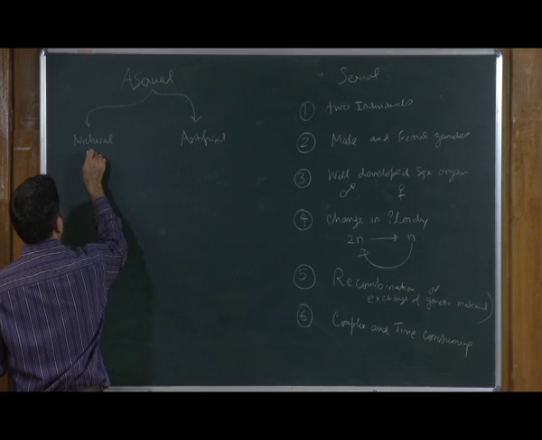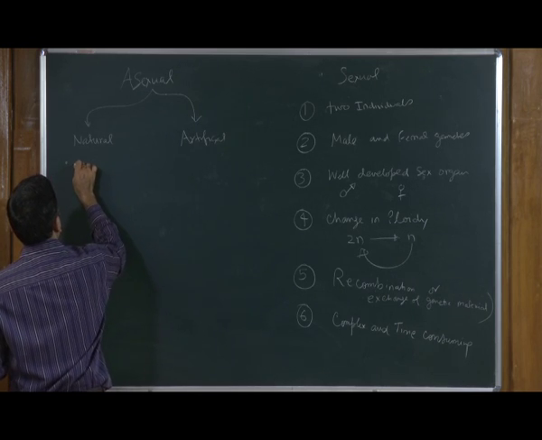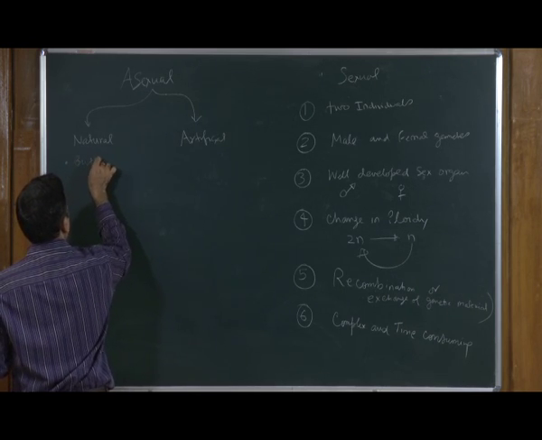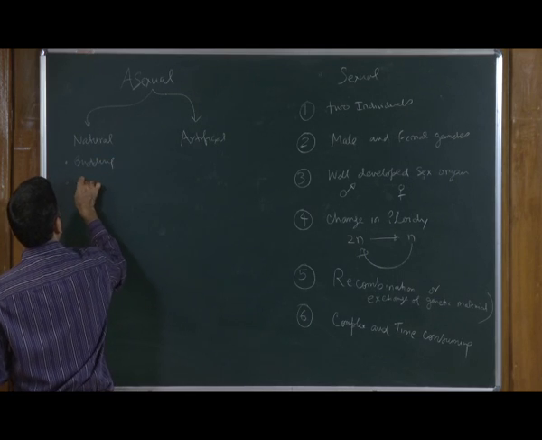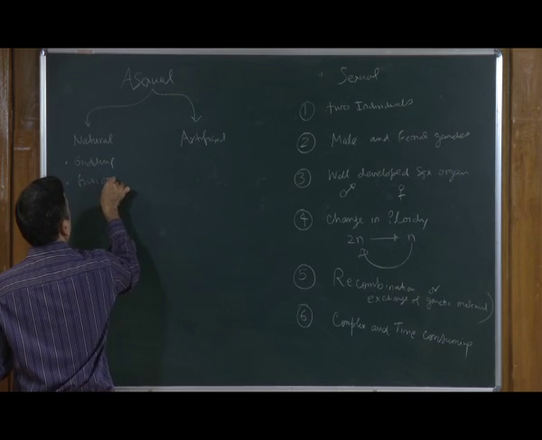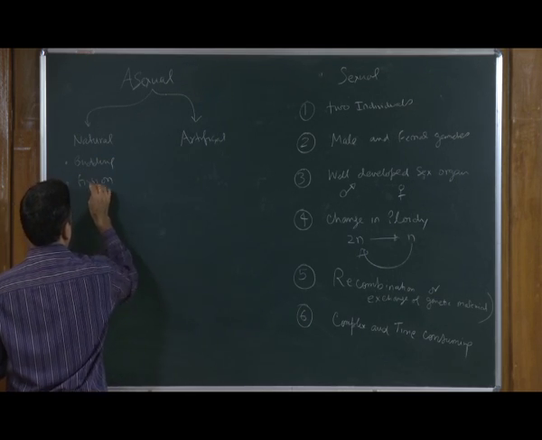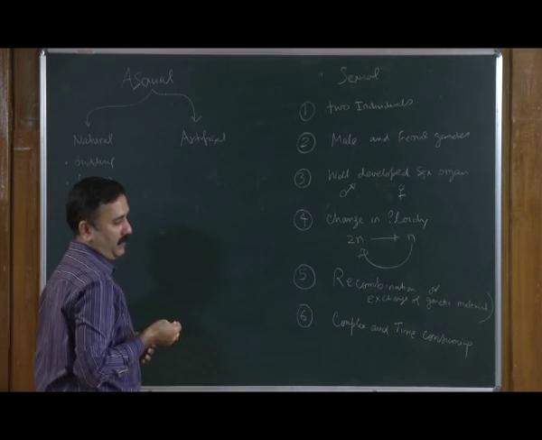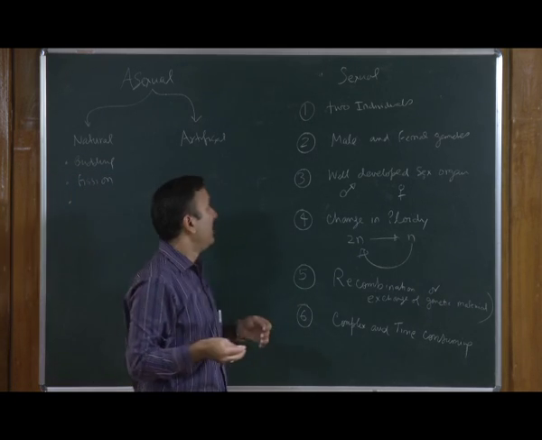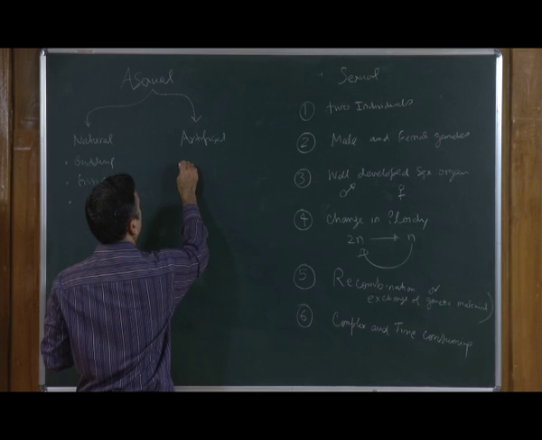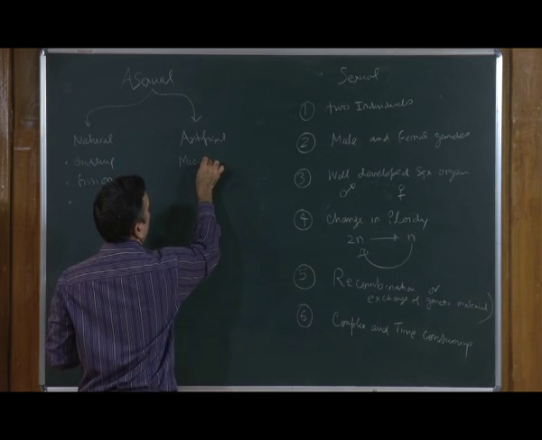Within the natural, we will discuss budding, fission, and other kinds of asexual reproduction. Whereas in the case of artificial, we are going to discuss micropropagation.